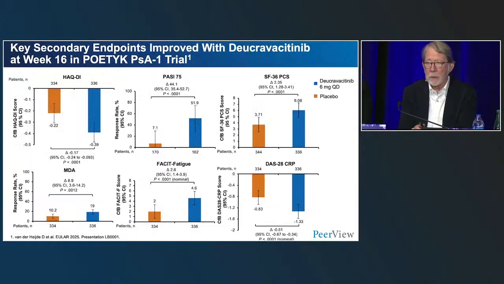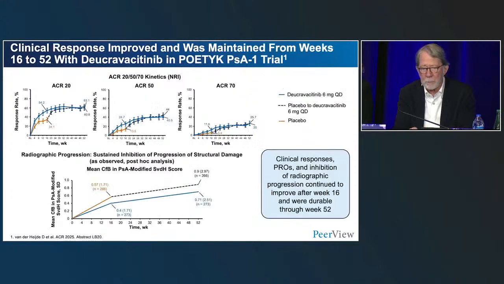And then in terms of other measures, HAQ score, PASI 75 achievement in the skin, SF-36 physical component score achievement, MDA at the week 16 time point was 19%, and the FACIT fatigue here is shown improving, as well as DAS28 CRP.